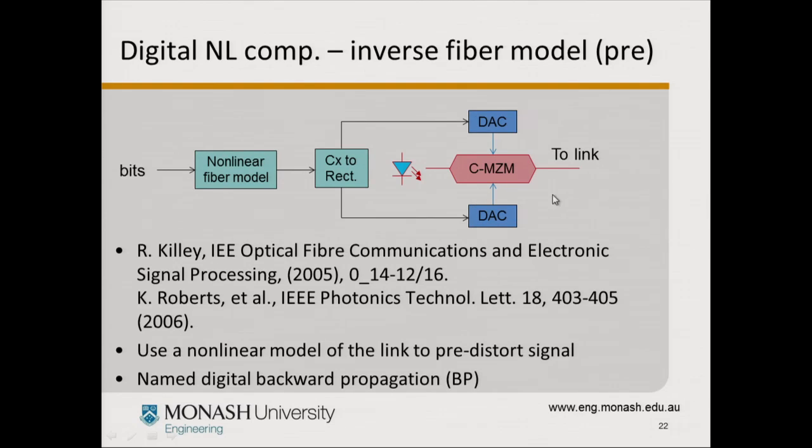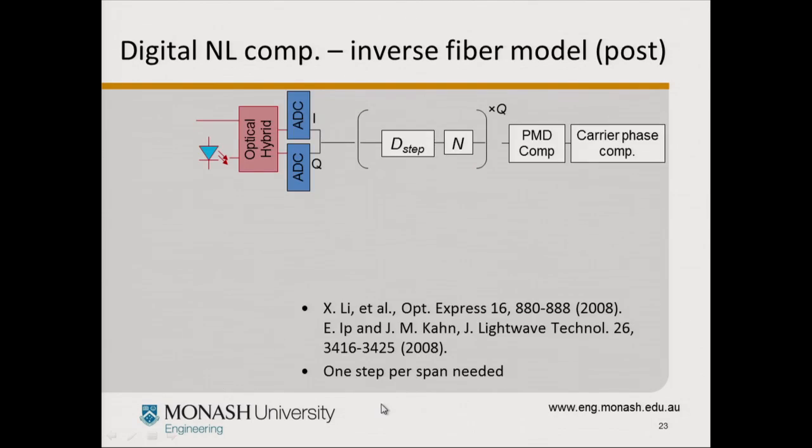So you pre-distort the signal for the link. And later in 2008, it was proposed by Dr. Lee and Dr. Ip that this system was moved to the receiver, because at the receiver you're in a better position to estimate the link that you've just gone through.